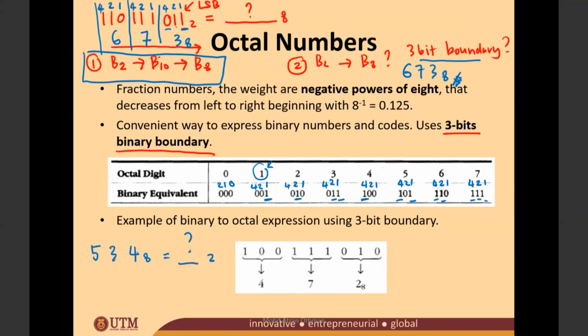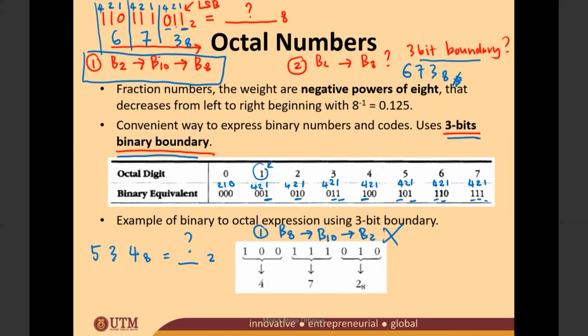Macam mana nak buat? Ada dua cara. Okey, cara pertama, tukarkan dulu base 8 kepada base 10. Lepas tu base 10 tukar pula pergi ke base 2. Panjang cara ni. Okey, cara kedua, buat 3-bit binary boundary.